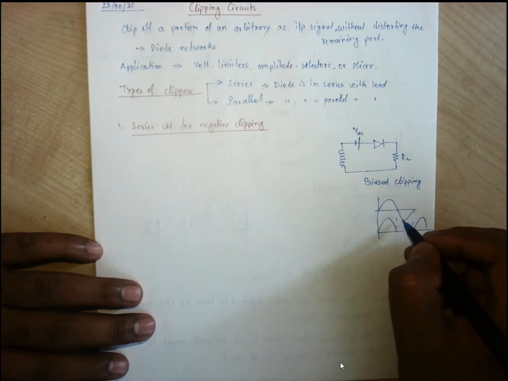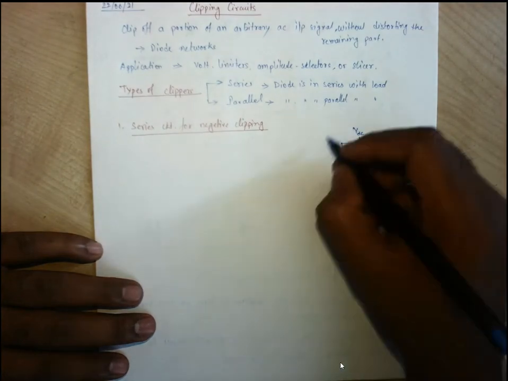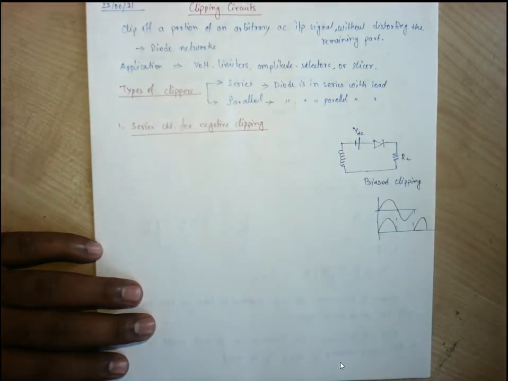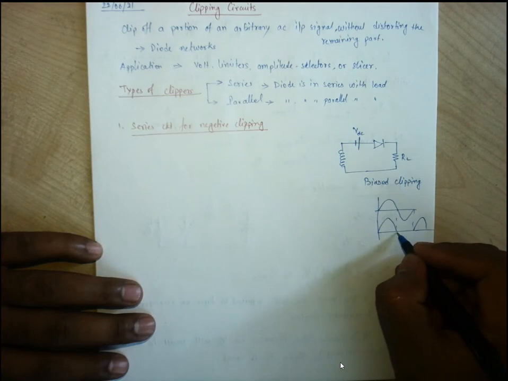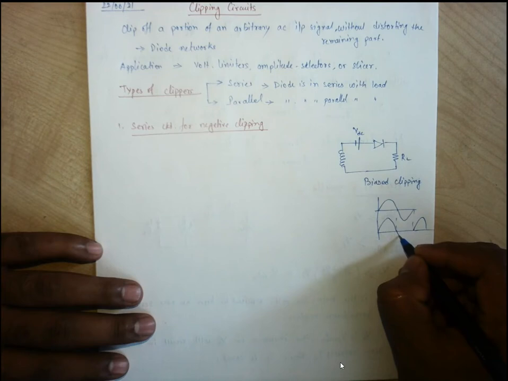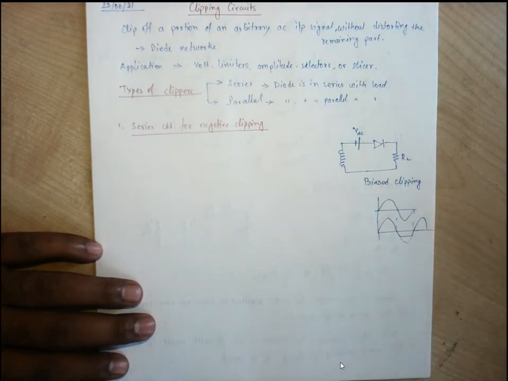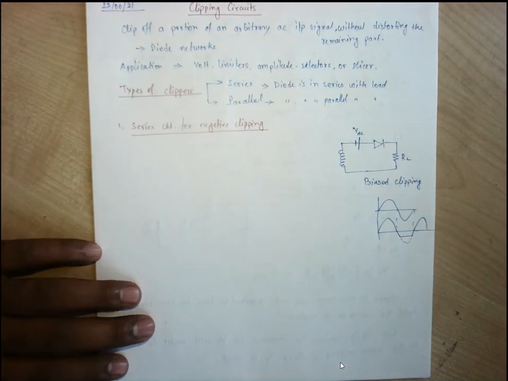Now if we don't want to remove the complete negative half, rather only some portion of the negative half, then we need to make use of this DC source, so that we can have a little portion in the negative half as well, like this.